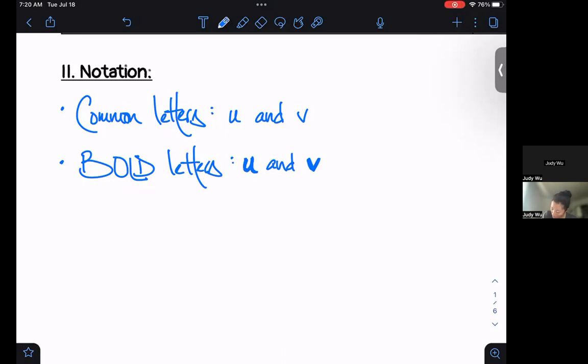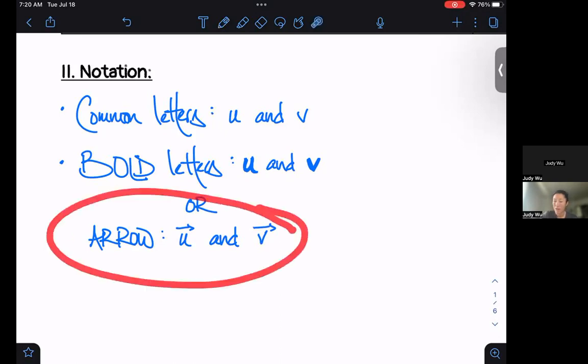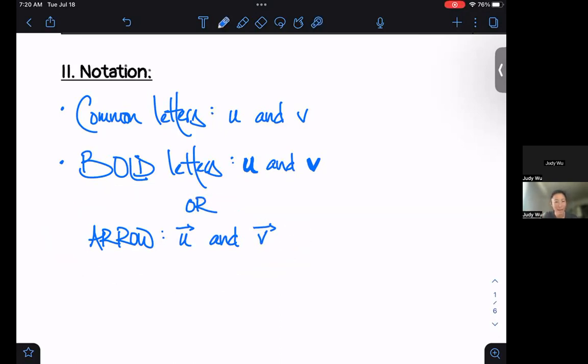But we can also have them with an arrow. What I mean by that is we don't use boldface, we use the letter and we put the arrow on top. That shows that we have a vector. Or if we were using the letter V, we could also put an arrow on top of that. So you can use bold letters or arrows. I'm going to be using the arrows when I do these, just because, again, I'm handwriting. It makes it a little bit easier for me.